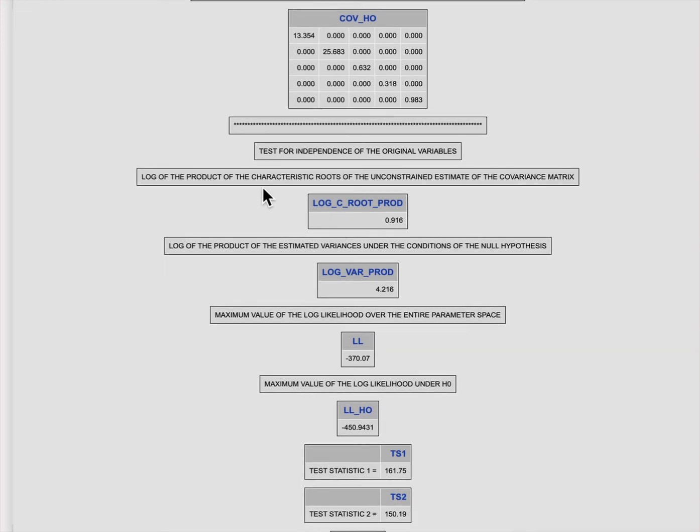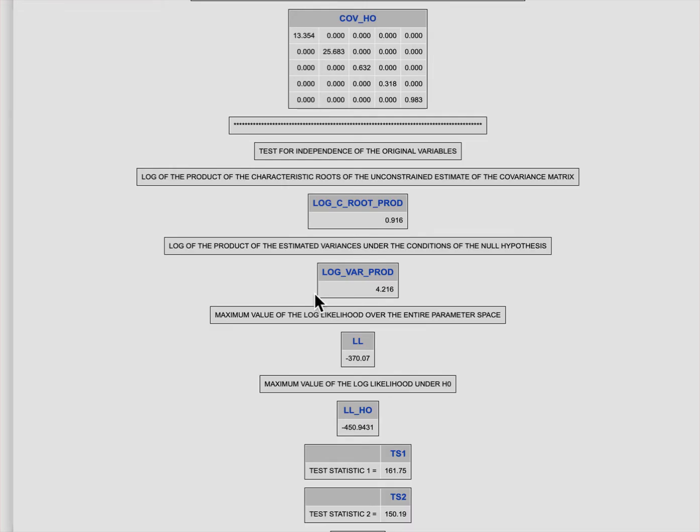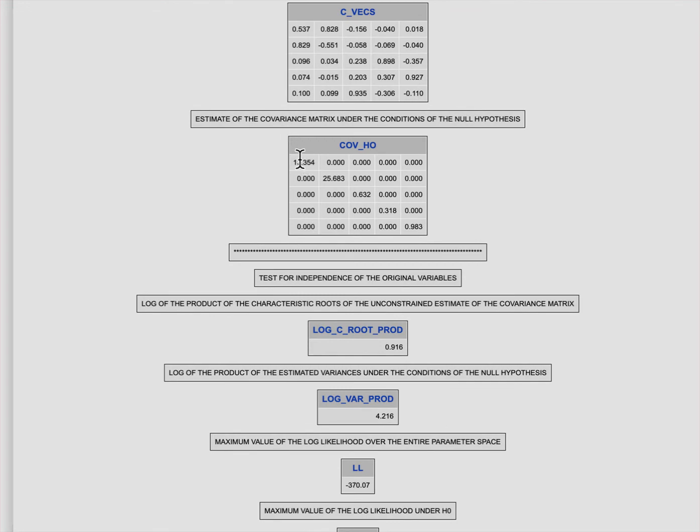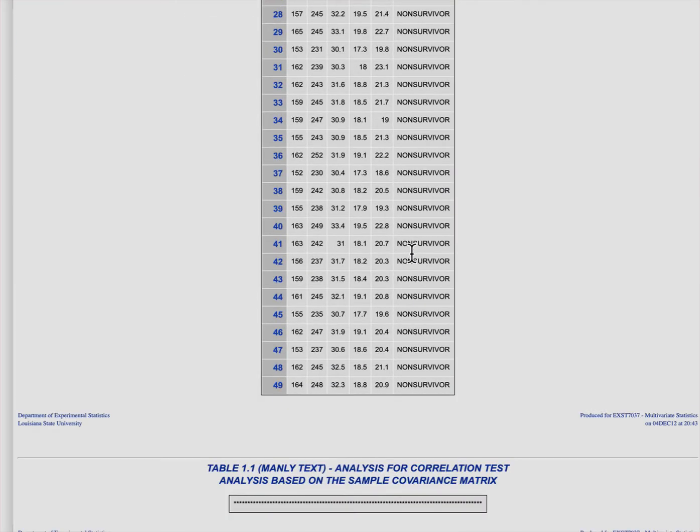Then I calculate the natural log of the product of the estimated variances. I calculate the product of these estimated variances and then take the natural log, and when I do that, I get 4.216. Then I take the difference between 0.916 and 4.216, and multiply that difference by negative n. Remember that n is 49.